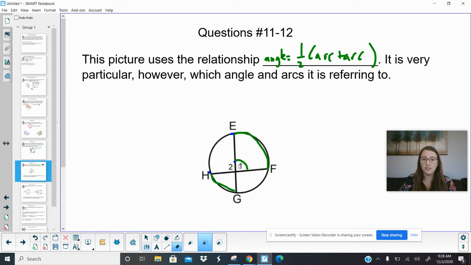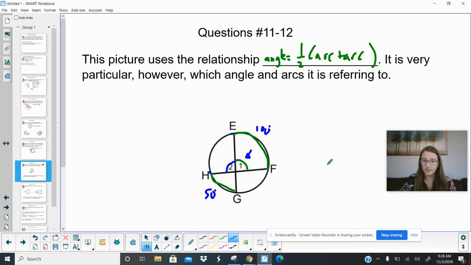If, for example, I was given angle 1 is, let's say, 35 degrees. Ooh, no. If I was given these two arcs, we'll go ahead and actually say that. If I was given these two arcs are 100 degrees, I'm just making up numbers here, and 50 degrees, that would only find this angle. If they asked you to find angle 2, which is possible, you're going to have to do something extra.